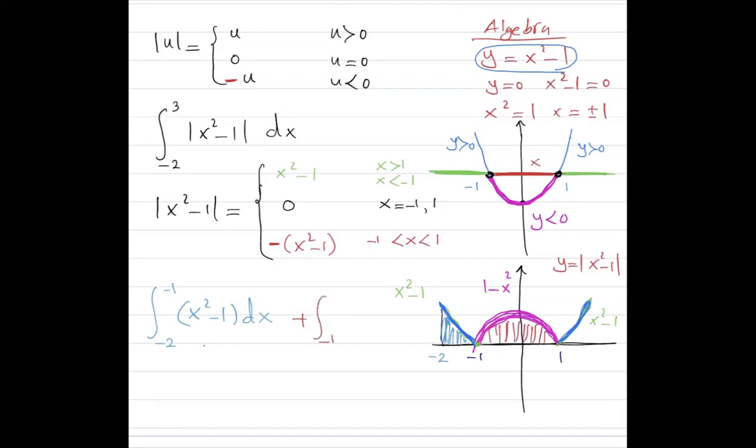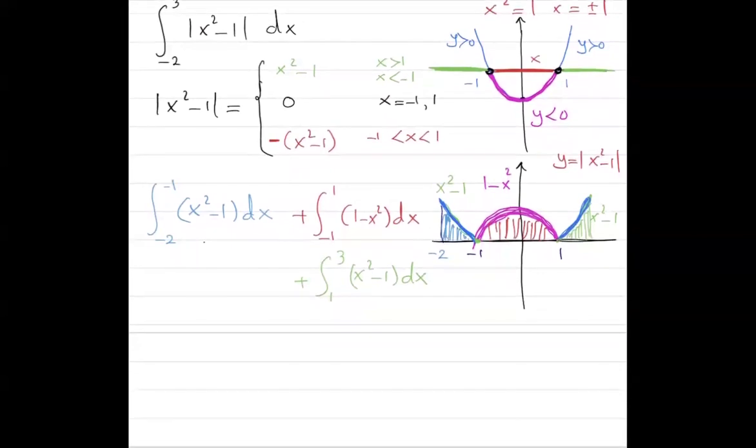The integral between -1 and 1, remember that we flip this, so you have 1 minus x squared dx, and finally we have the third integral, on the right-hand side between 1 and 3, plus the integral from 1 to 3 of x squared minus 1 dx. So now that you broke down this integral into 3 pieces, you can easily do the calculation.